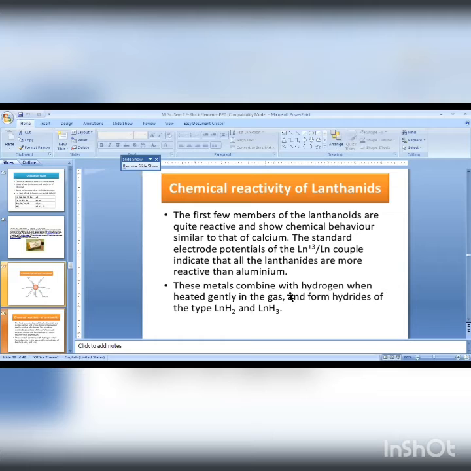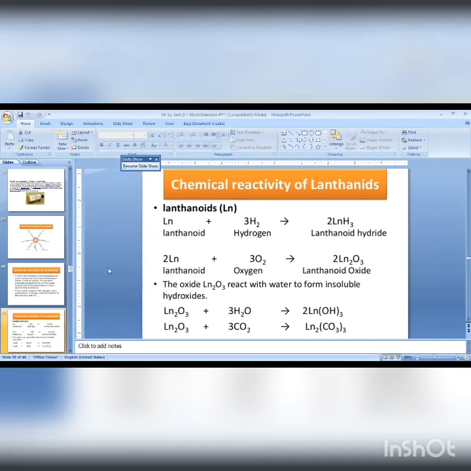These metals combine with hydrogen when heated gently in the gas and form hydrides of the type LnH2 and LnH3, that is lanthanide hydride, that is formed.